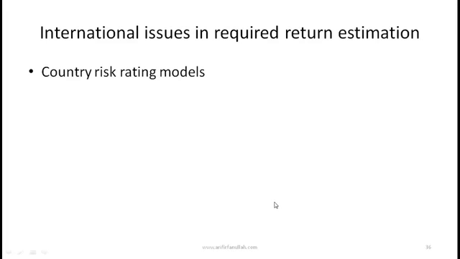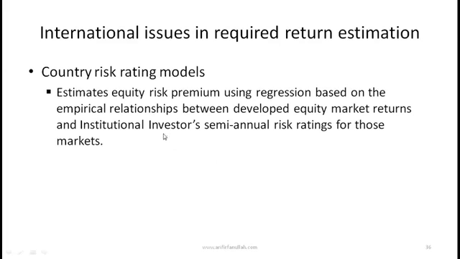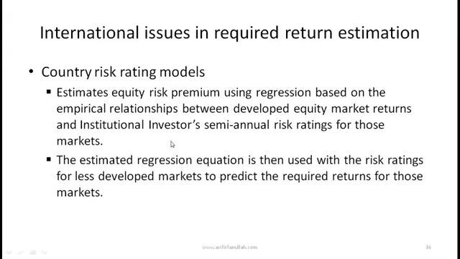Okay, so what about this country rating model? Now, all I would say here is this is straight out of the curriculum. I'll read it out and then give my quick comment on this. Country risk rating models, what you can do here is estimate equity risk premiums using a regression based on the empirical relationship between the developed equity market returns and institutional investors' semi-annual risk rating for those markets.